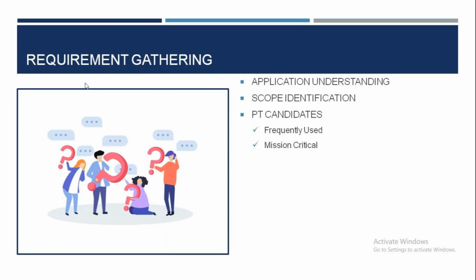So let's say, for example, an e-commerce application. Now in an e-commerce application, you log in, registration option is there, login is there, and then you go for the different product categories, or you search for the different product categories.